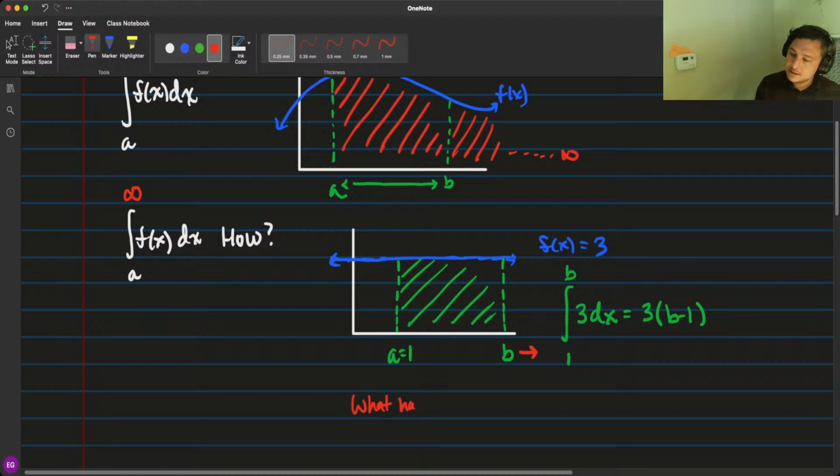Okay, now here is the problem. What happens as b approaches infinity? What happens to this area? Yeah, the definite integral approaches infinity as well.